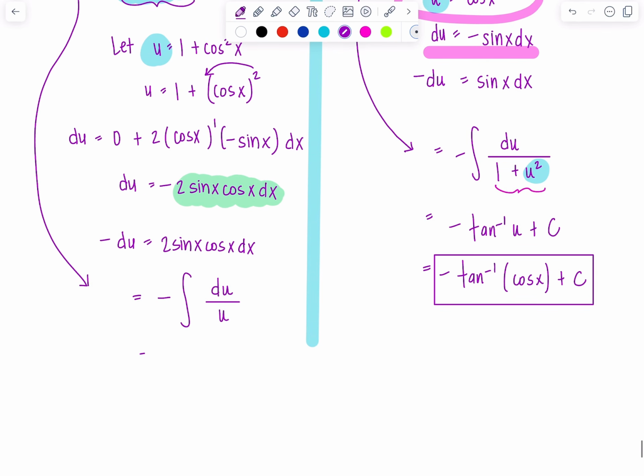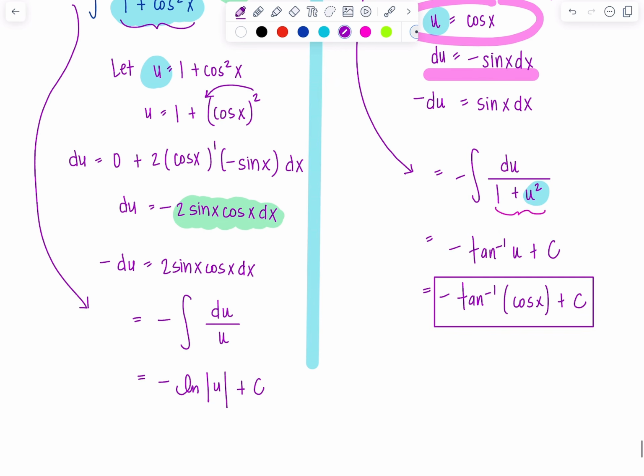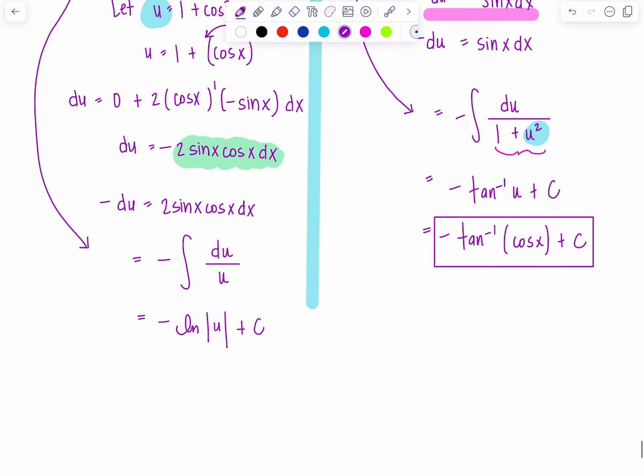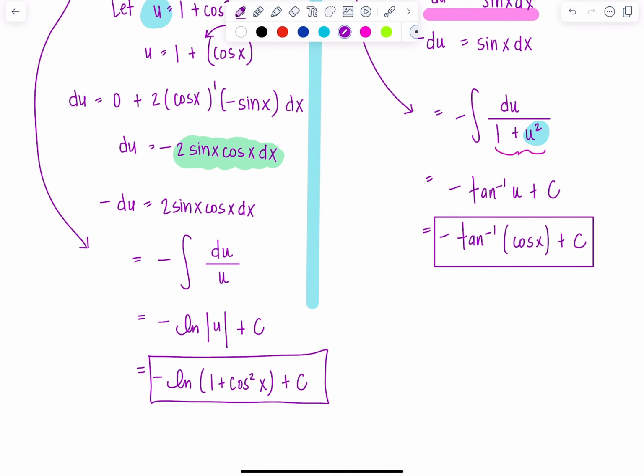And then antiderivative of 1 over u, it's natural log absolute value of u plus c. And then I'm going to go back, replace u with 1 plus cosine squared x, so negative ln. I don't have to keep writing absolute value because 1 plus cosine squared x will never be negative. And that's my final answer.